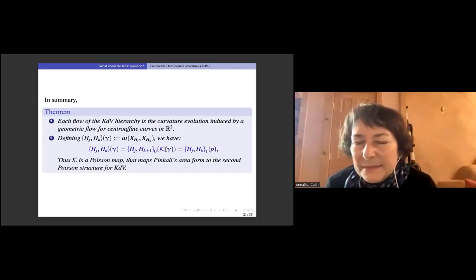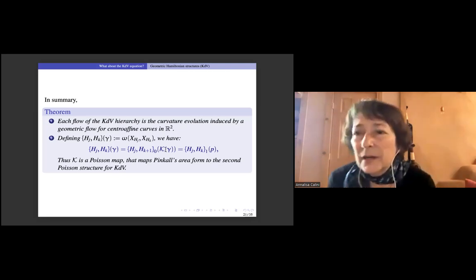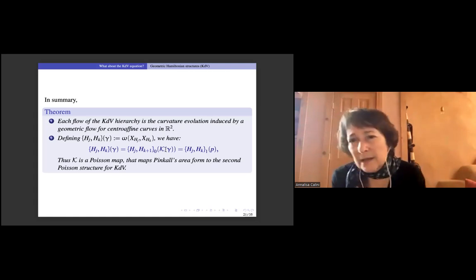Annalisa, very quickly. So maybe you just said this, but I'm not sure I heard correctly. If you look at the higher order geometric flows, are they local? That is to say, are the coefficients? Yes. They're all local flows. The coefficients of the vector fields are functions of the curvature and its derivatives.